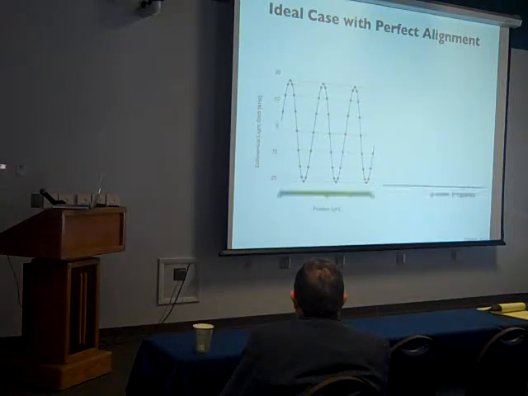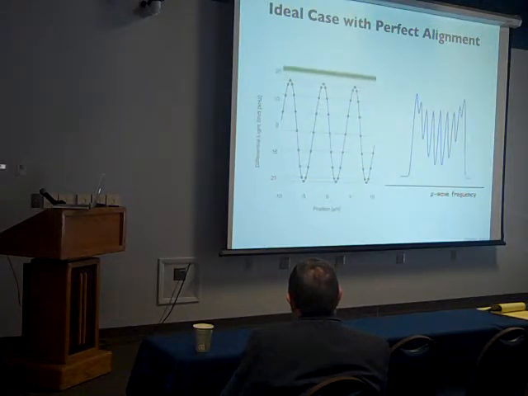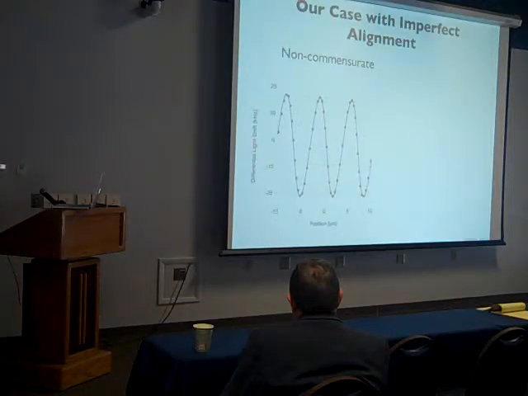So if I do a microwave spectrum, where I measure as a function of microwave frequency, we see that there are resonances at particular frequencies, and this well-resolved peak corresponds to these atoms that sit in the middle here. Of course, things are not perfect, at least not in our lab. Typically the angle of the lasers that make the standing wave is a little bit off, so the two lattices are non-commensurate.